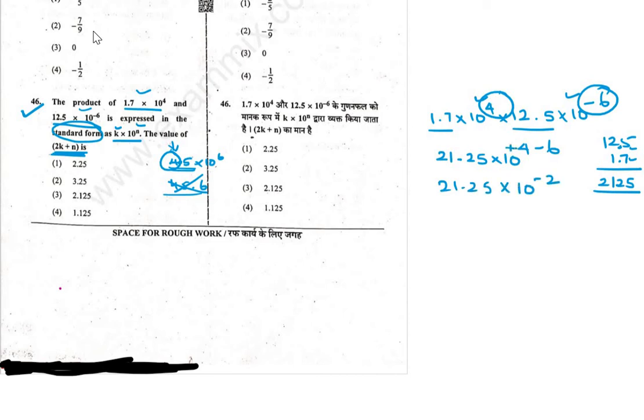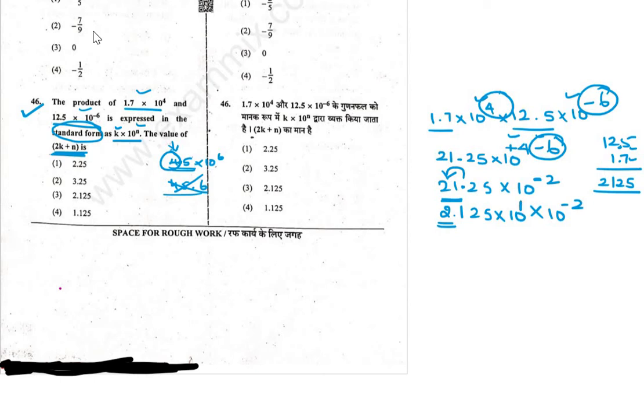If the signs are different, you subtract the numbers and put the sign of the greater number, so here it is 10 to the power of minus 2. Standard form means you keep the decimal point after the first digit. So 2.125 into 10, since 21.25 can be written as 2.125 into 10, into 10 to the power of minus 2.